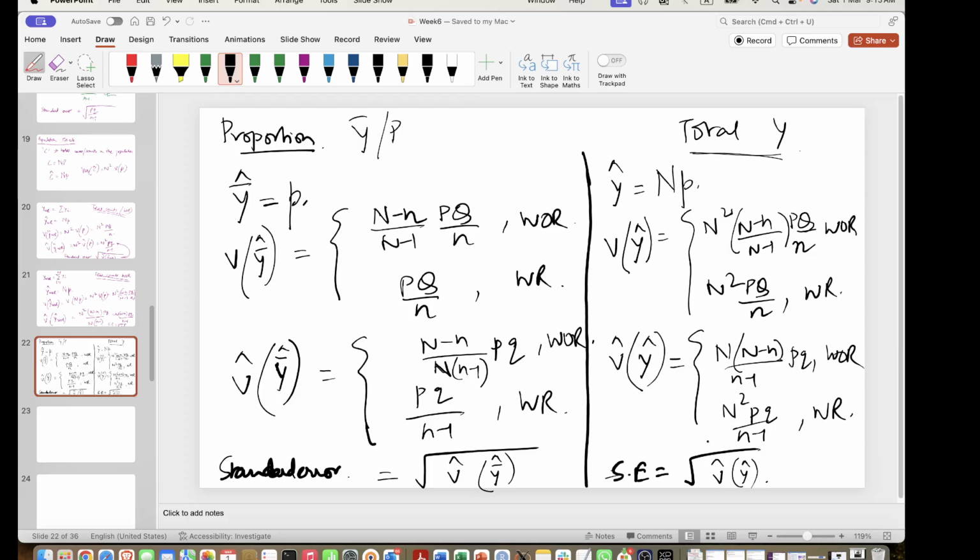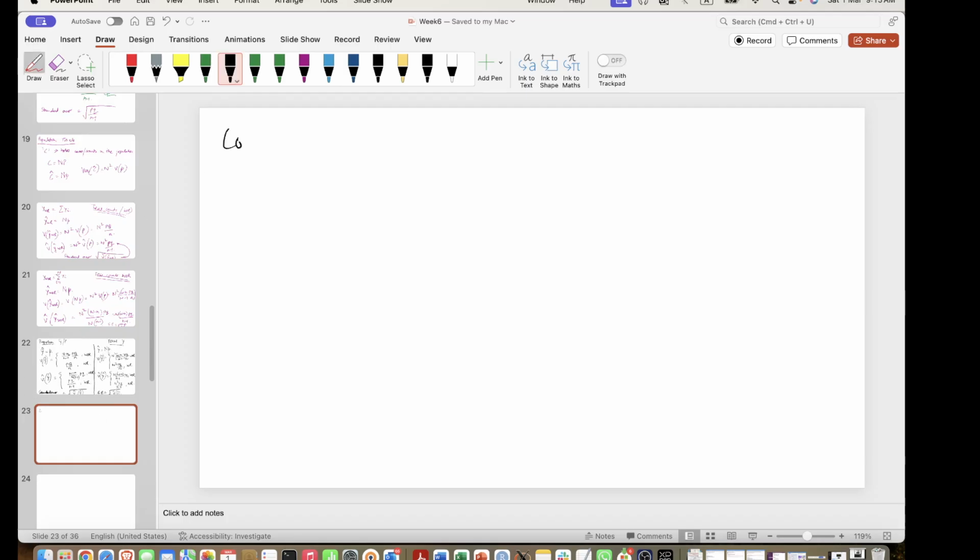Okay, now once we have the means and variances, how do we frame the confidence interval?